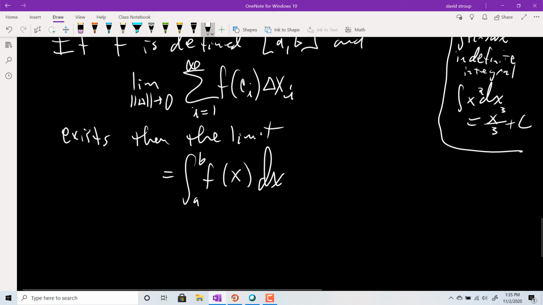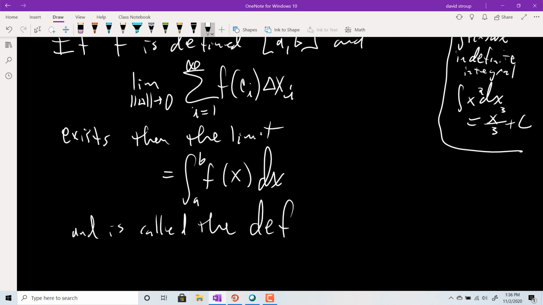So for right now, think of these as separate, but we'll make it all come together in one more section. Anyways, this thing is called the definite integral.